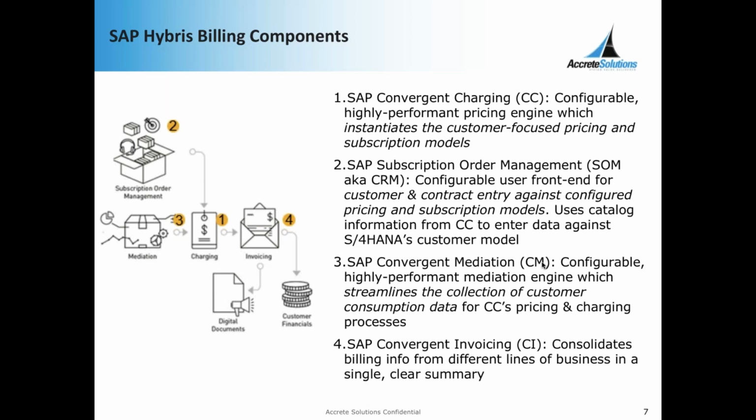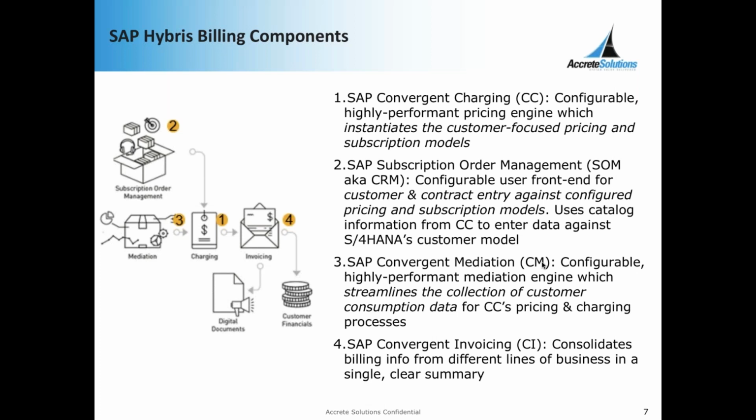And Ashish mentioned digital route. So convergent mediation is what SAP calls digital route mediation zone. They have an OEM arrangement with digital route to sell it under their own paper. And the last one is convergent invoicing, so CI. So CC, SOM, CM, and CI.